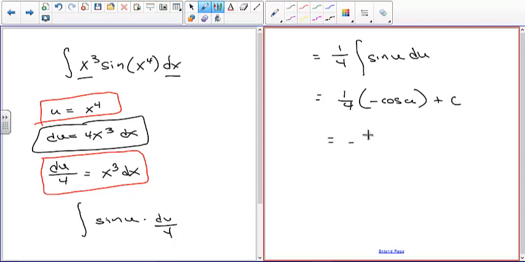So we get negative 1/4 cosine of u plus c, and then you go back again and you plug in what u is in terms of x. So you get negative 1/4 cosine of x to the fourth, plus c.